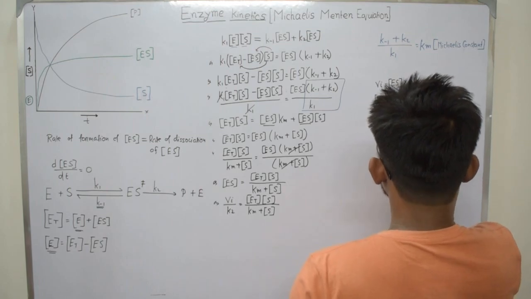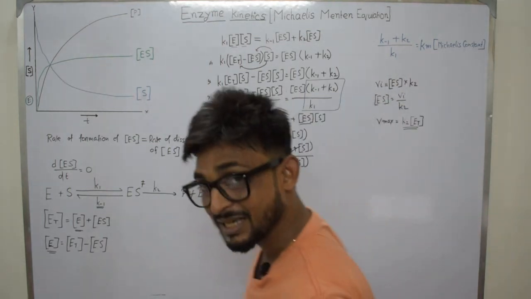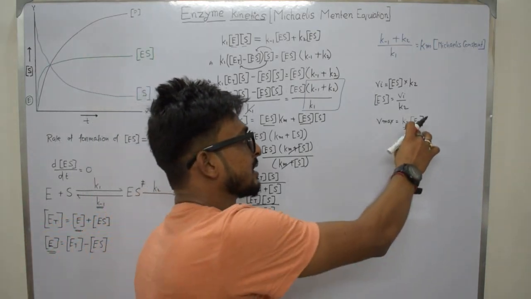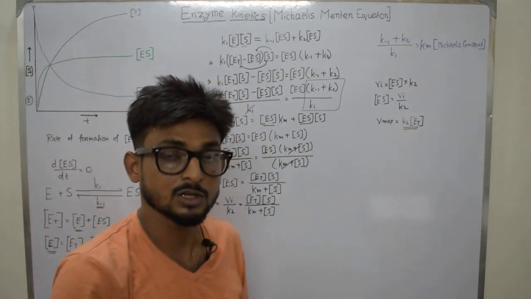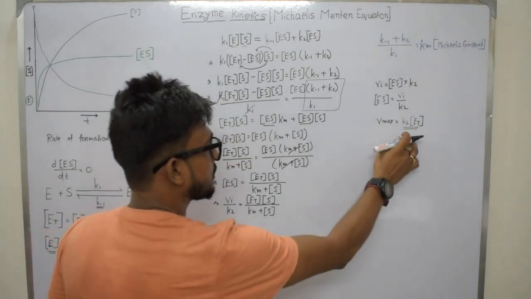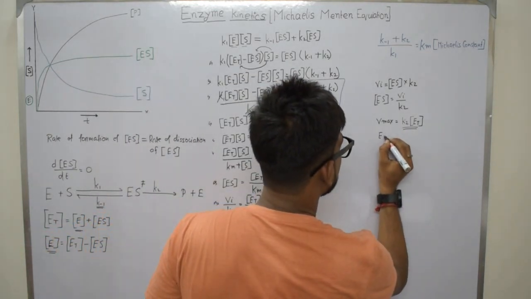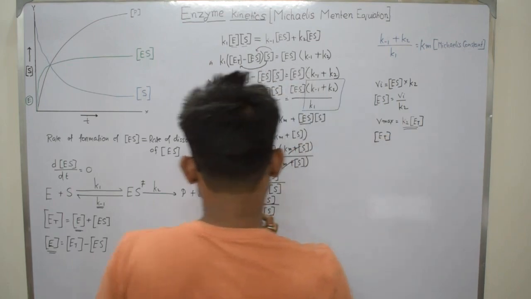So this particular thing is indicating the maximum velocity, where the total amount of enzymes are used, are saturated. So we can put this particular ET value with this one.